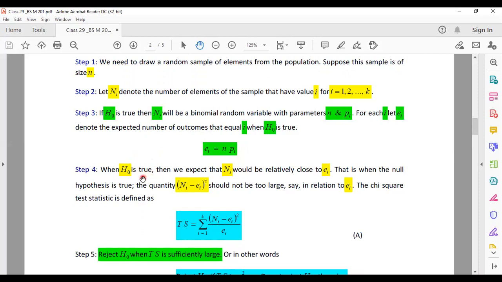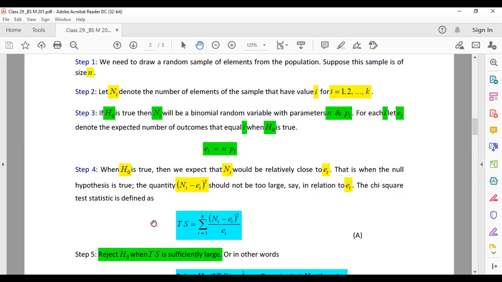Under this assumption, what do we expect? As I just told you, we expect that the observed frequency must be close enough to the expected frequency. That is our requirement, that is our expectation. It has to be.